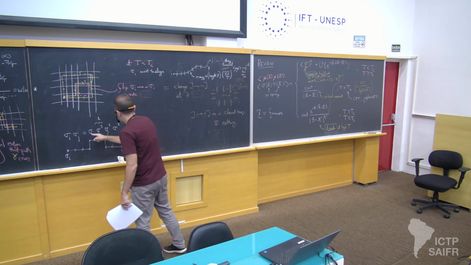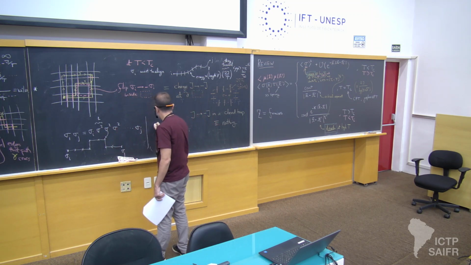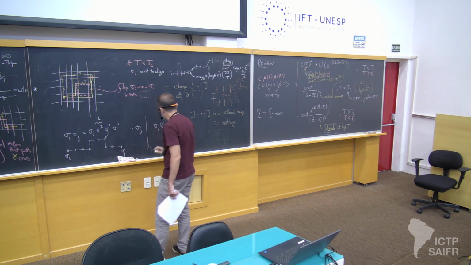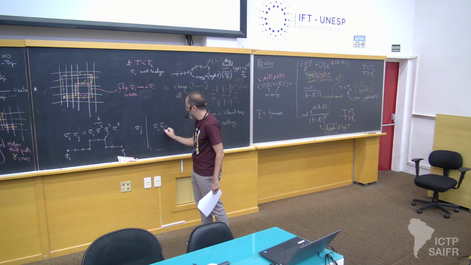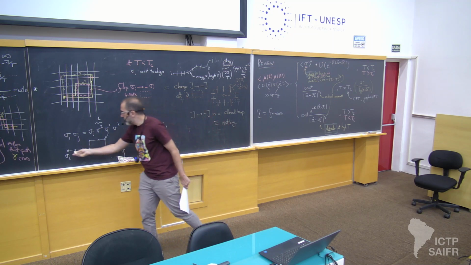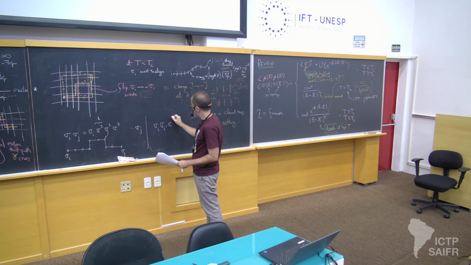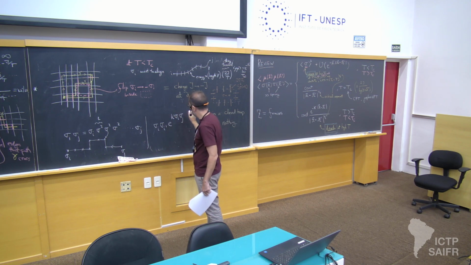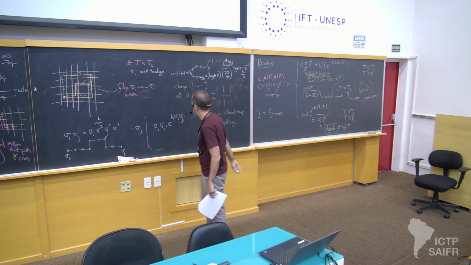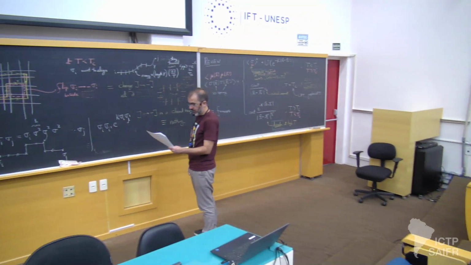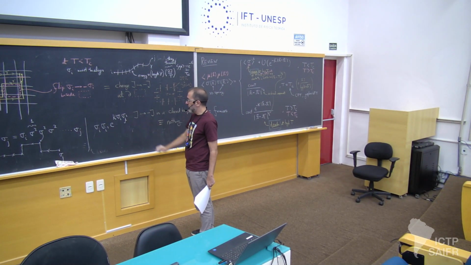But now I use the fact that if I have sigma i, sigma i prime, where these guys are connected by a link, like this, e to the kappa sigma i sigma i prime, this expression takes two values.